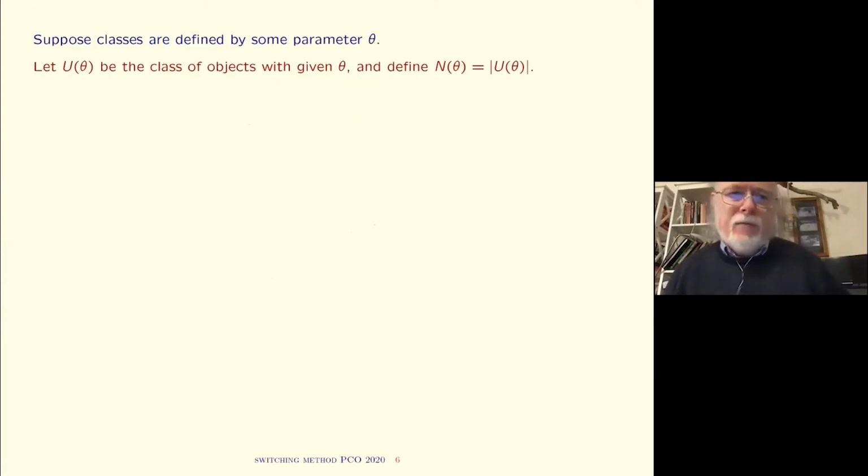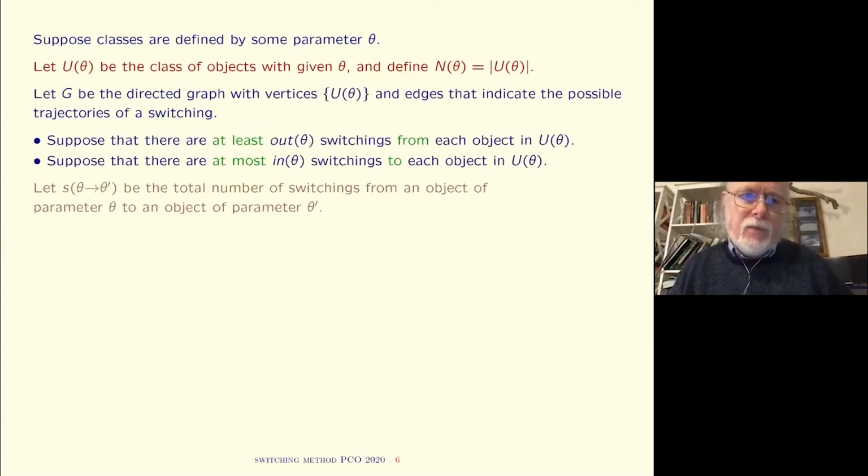Suppose our classes are defined by some parameter theta, and let U(theta) be the class of objects with the given theta, and n(theta) the number of objects in the class. Let G be the directed graph that has the classes as vertices and edges that indicate trajectories of a switching.